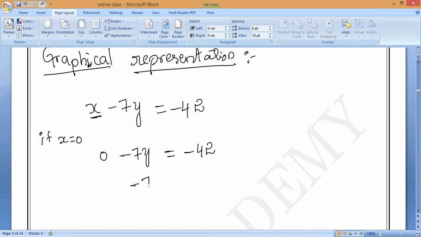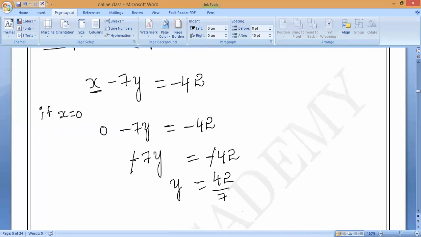It is minus 7y equal to minus 42. What is the y value? y is equal to minus 42 by minus 7, minus gets cancelled. y is 42 by 7. How much? 6. 7 sixes are 42. The y value is equal to 6.